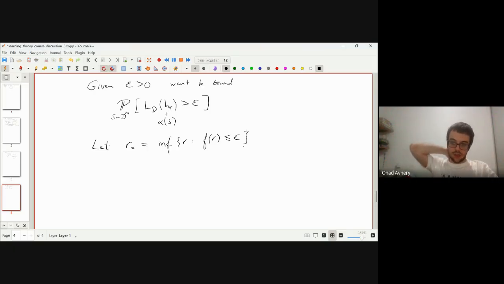Using the properties of f, we can show, first of all, that this set is closed, and thus R0 is in that set, so that f of R0 is less than or equal to epsilon. And we also get that the set where f of R is greater than epsilon is exactly the set of points less than R0.